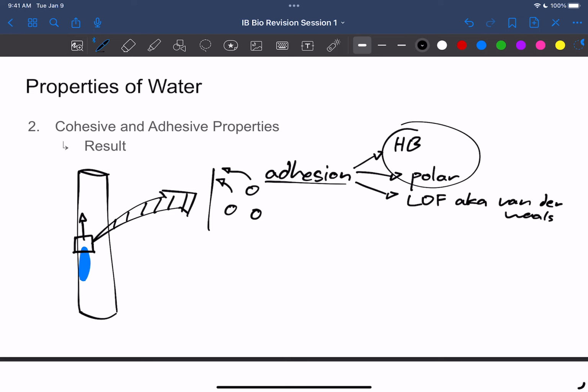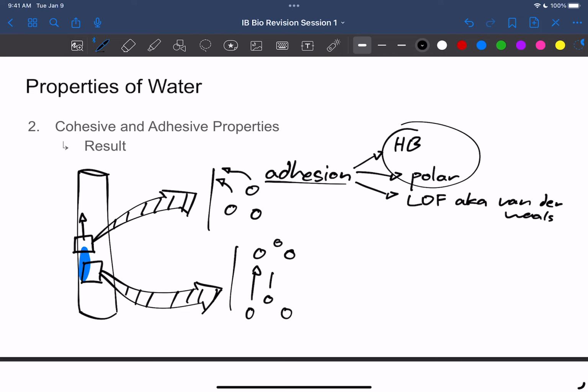Well, what drags the rest of the water with it? Well, these water molecules are going to just follow these interactions. And this is called cohesion.